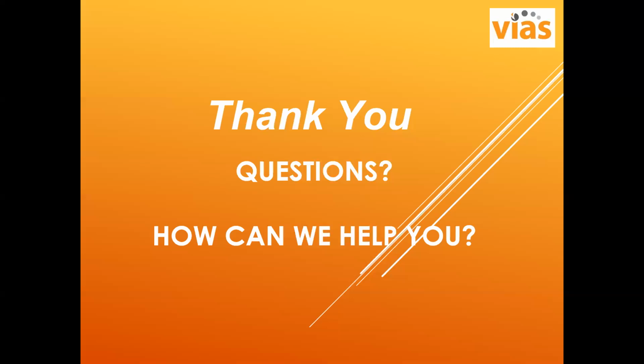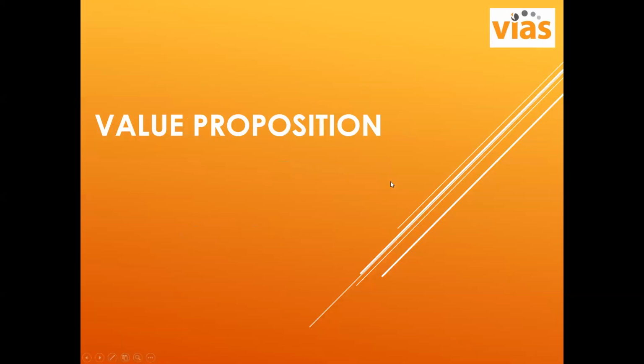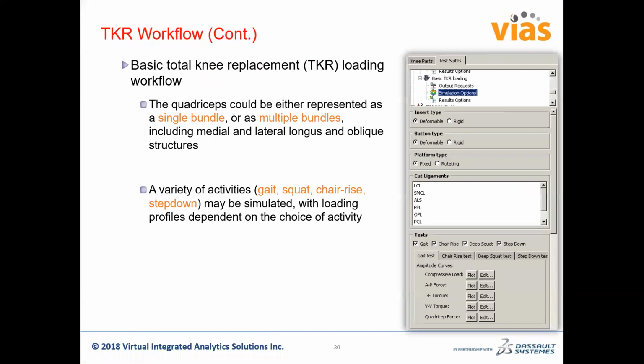Nishant showed in this presentation that there is an option to edit the attachment sites for ligaments and muscles, and those can be not just manually edited, but also imported from a text file. And from the Simpleware side, if you have a very complex geometry, it can help you mesh it. I will send some information on that as well.